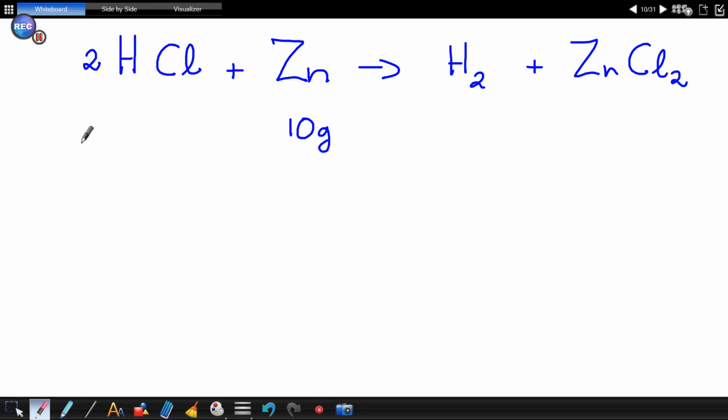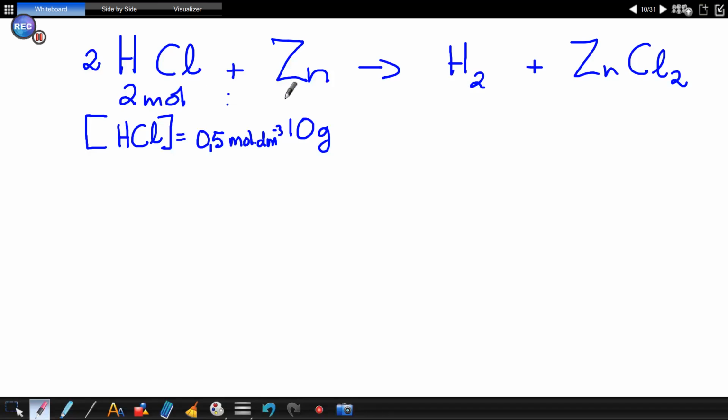But they give you a concentration of HCl. So they're mixing up these things a little bit. 0.5 mole per cubic decimeter. Okay, so what can I do? Get the mole of zinc.